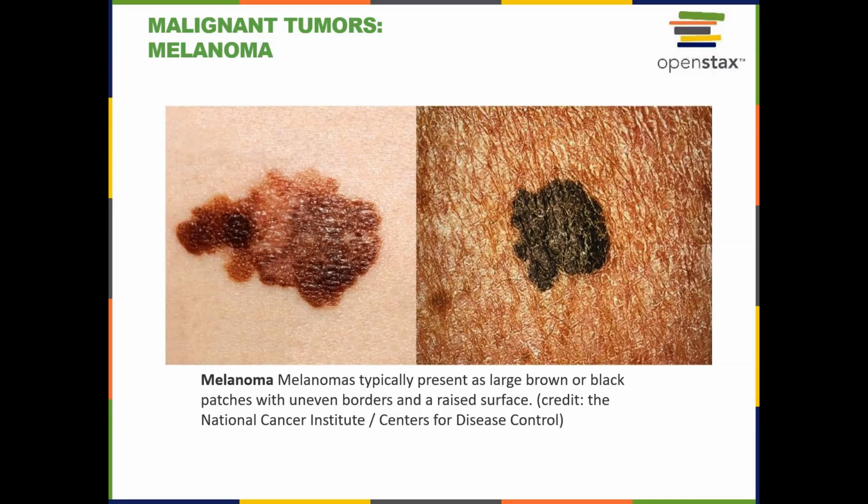A melanoma is a malignant tumor, and melanoma is the most aggressive and most fatal of all skin cancers because it is highly metastatic and can be difficult to detect before it has a chance to spread to other organs. Usually melanomas appear as asymmetrical brown and black patches with uneven borders and raised surfaces.